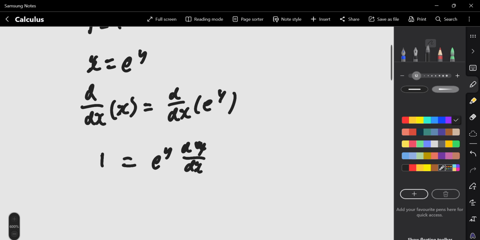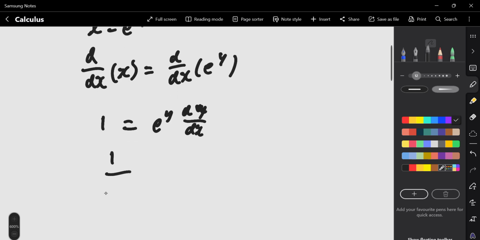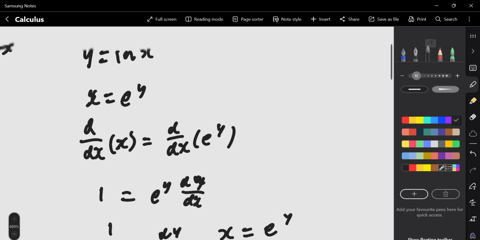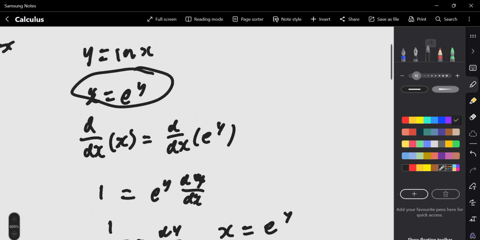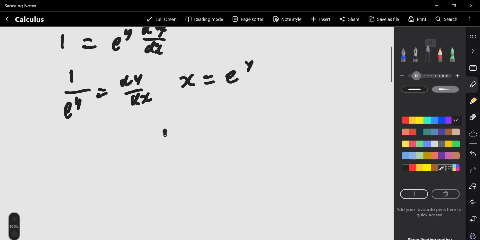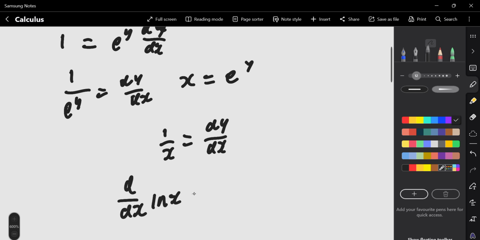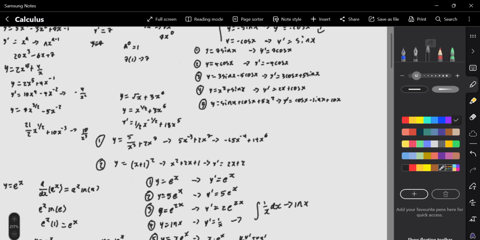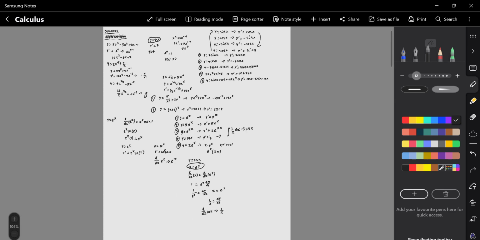And if you want to solve for dy by dx, you're going to have 1 over e to the y equals dy by dx. And now we know that x equals e to the y, because that's what we got here. So your answer is going to be 1 over x equals dy by dx. So there you go. The derivative of ln x is 1 over x. Nice and simple. It's a cool little explanation for where that comes from.